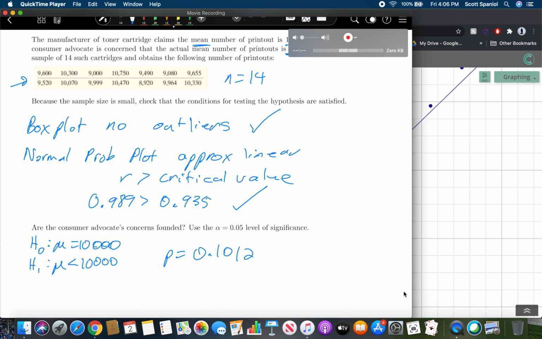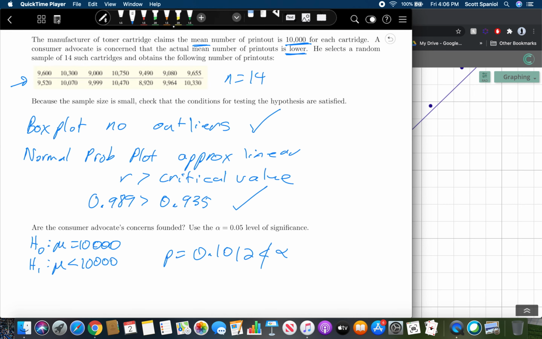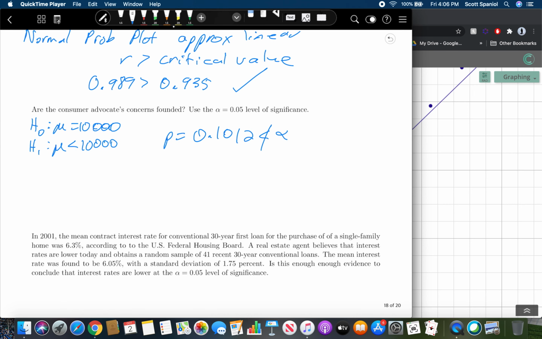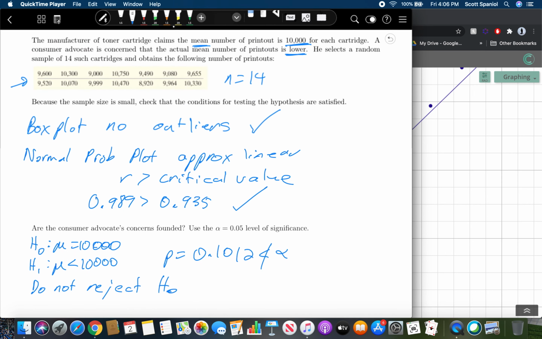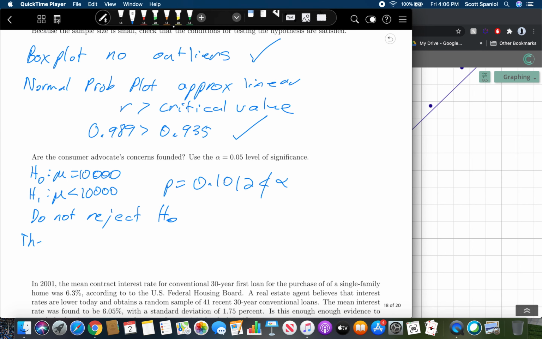And so now we can compare that to our alpha, which is 0.05. And in this case, that's not less than alpha. So that means we're going to not reject the null hypothesis. And so there is not sufficient evidence to suggest the alternative hypothesis.